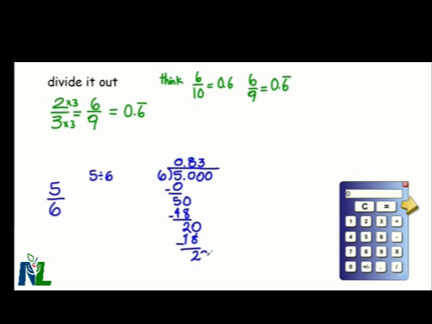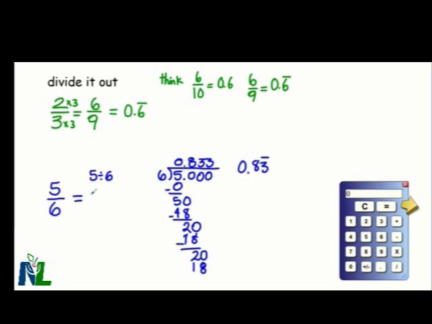Bring down a 0. You might recognize a pattern starting to form since 6 goes into 20 3 times again, because 6 3s are 18. We can stop here. We know that the pattern is 0.8 and the 3 repeats. So we mark it as 0.83 with the repeat symbol over the 3.